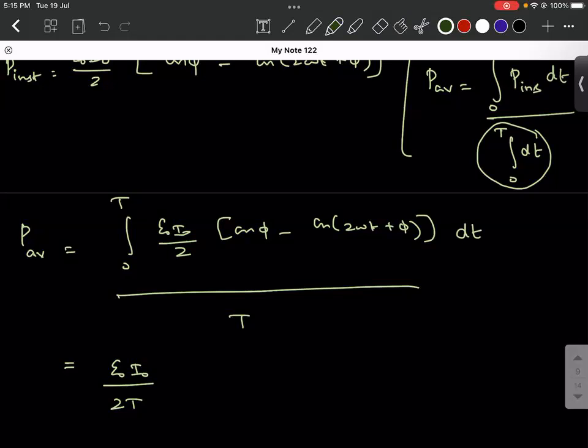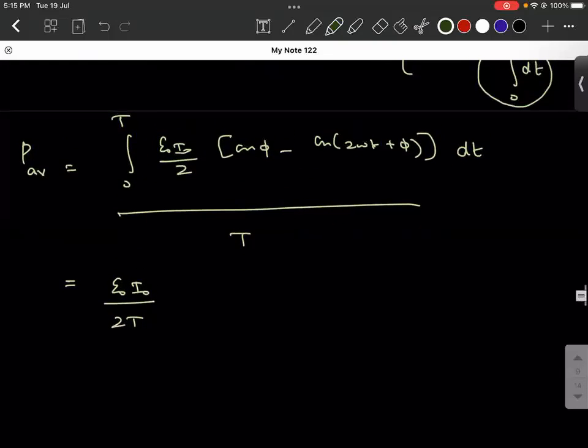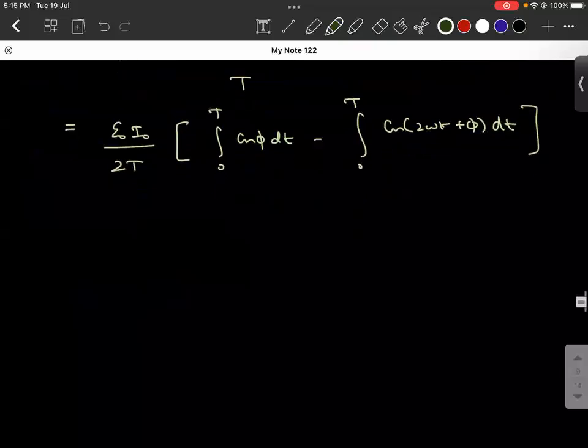Is there any doubt in this step? Is it clear? Okay. So E naught I naught divided by 2T into, what can I do here? Integral of 0 to capital T cos phi dt minus integral of 0 to capital T cos of 2 omega t plus phi dt. Can I do this?